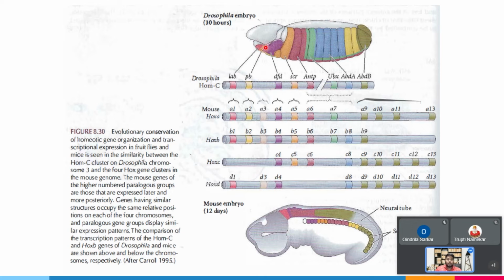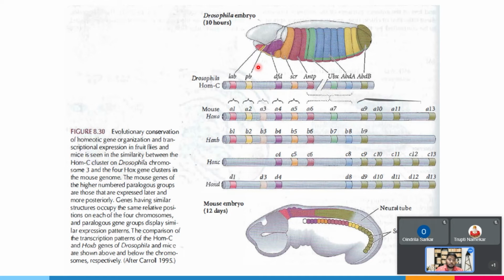Since this is the anterior structure, labial is also present in the anterior, in the first position, ahead of all the Hox genes. So there is a co-linearity between the body structures in the embryo and the presence of the genes on the chromosomes themselves. This is a very important point that we have to keep in mind, and we will look into it in the next slide as well.